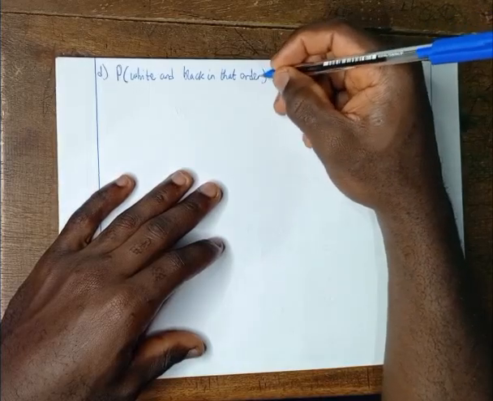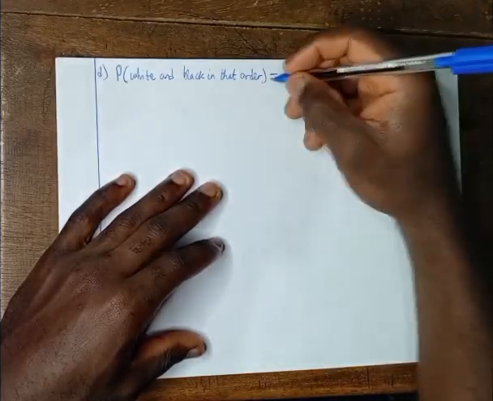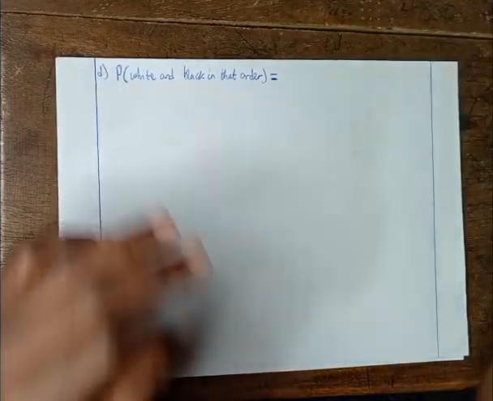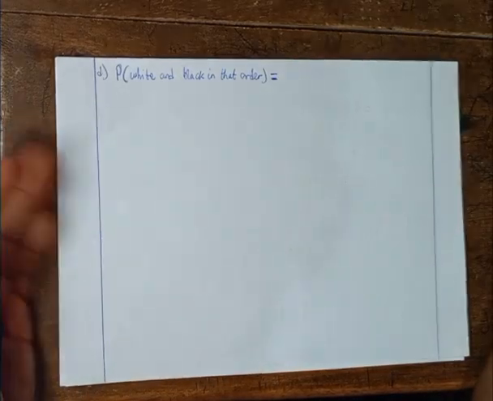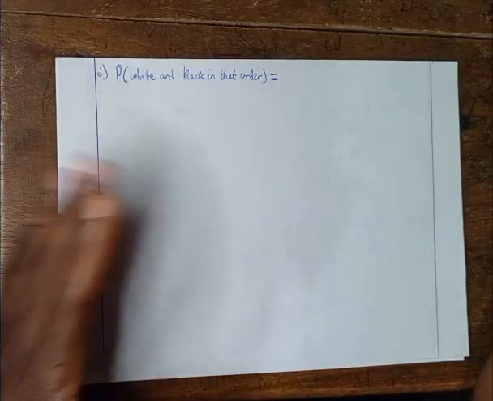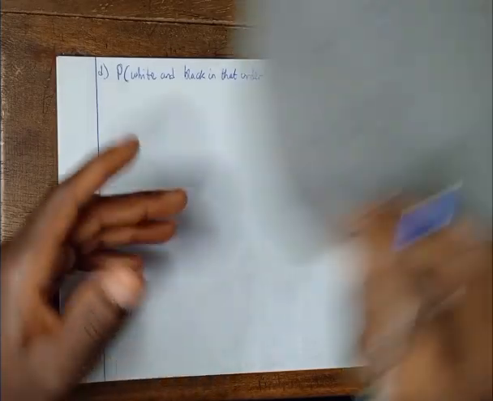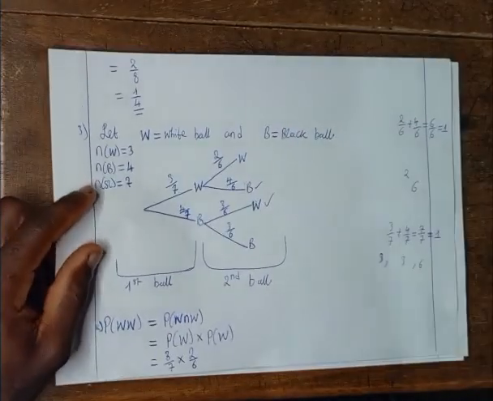That means the first ball must be white and the second ball must be black. If you take the case where the first ball is black and the second ball is white, you are wrong. So for us to answer this, we need our tree diagram.